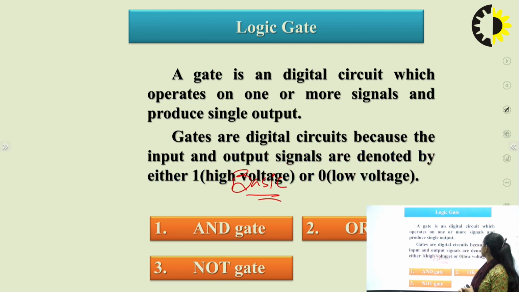Gates are digital circuits because their input and output signals are denoted by either 1 or 0. There are 3 basic gates: AND, OR and NOT.